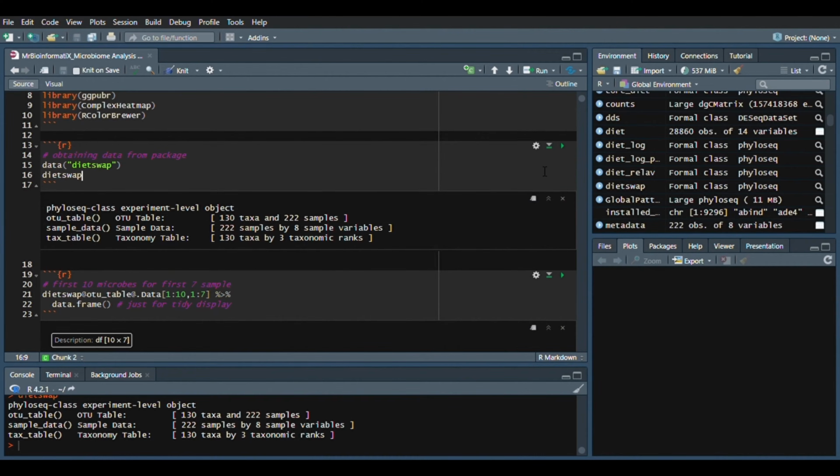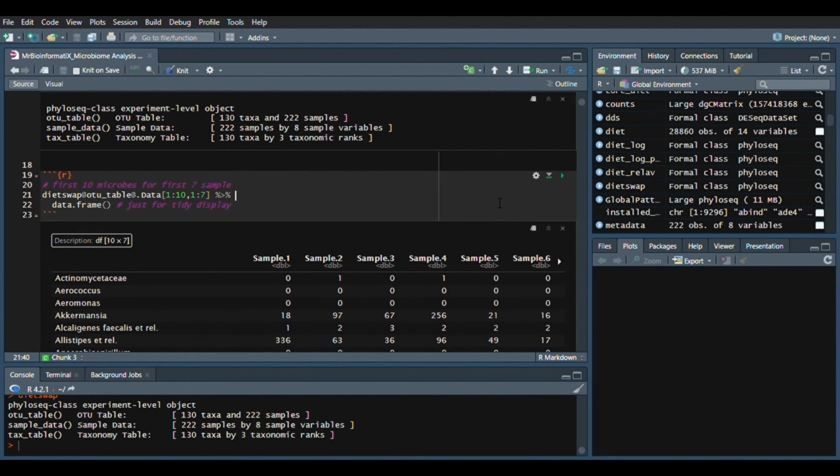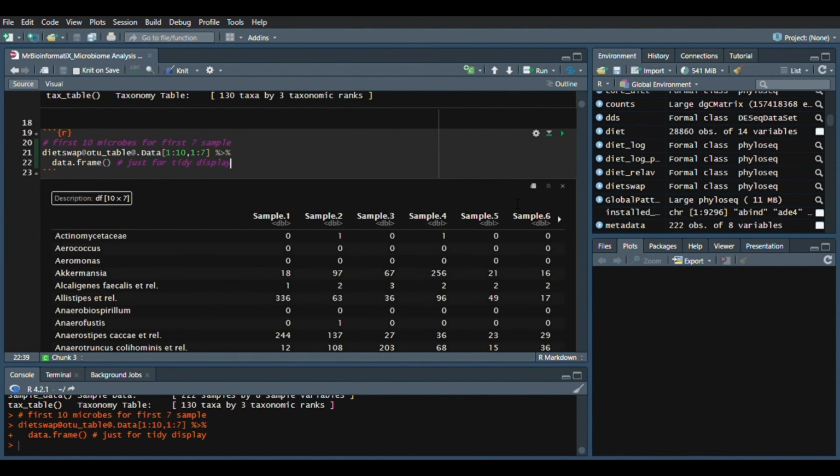So, we write diet swap, at OTU table, at dot data from 1 to 10 and 1 to 7, and then filter data dot frame. Let's run our code. As you can see, the output displays the counts of operational taxonomic units for the first 10 microbes across the first 7 samples in the dataset.